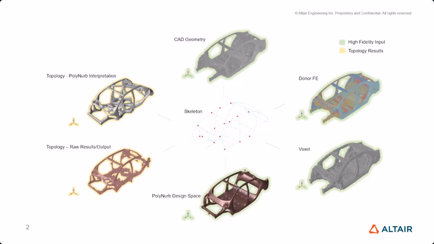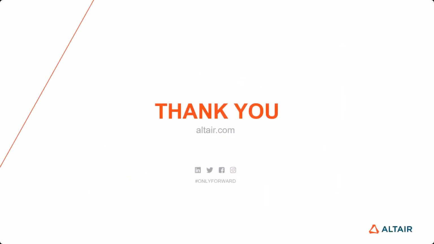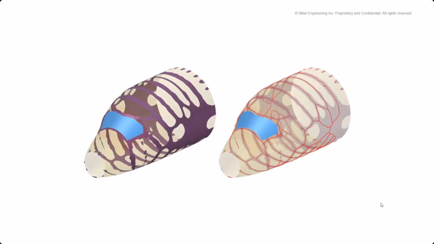For example, maybe you could run a topology optimization on some airframe, some fuselage, and then this workflow would be good for extracting these stiffeners a little more automatically.